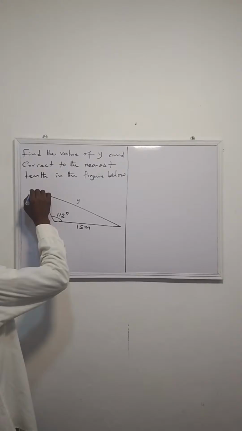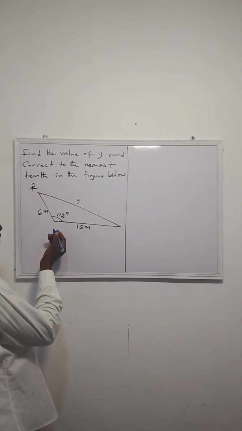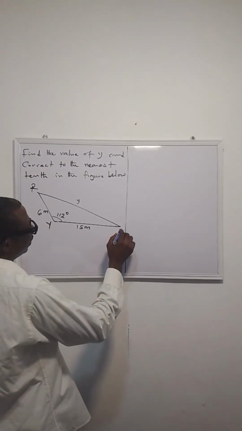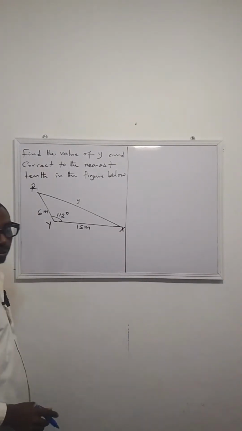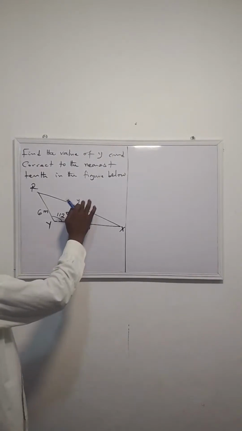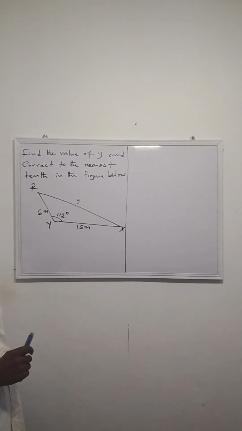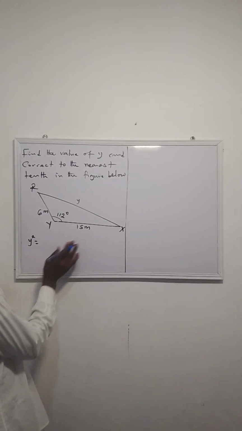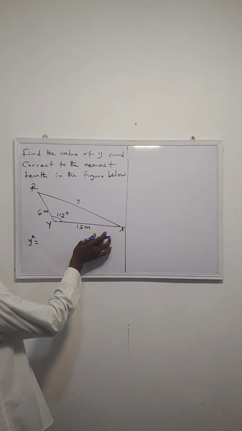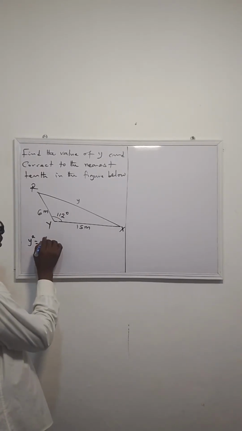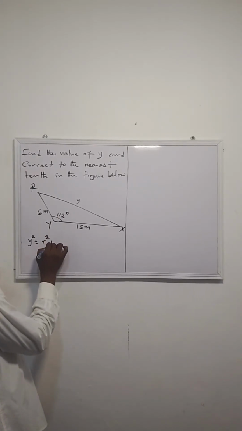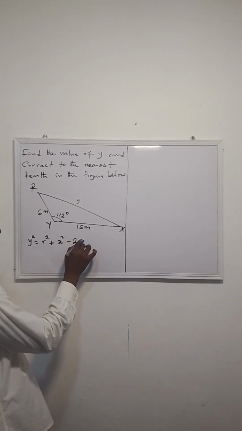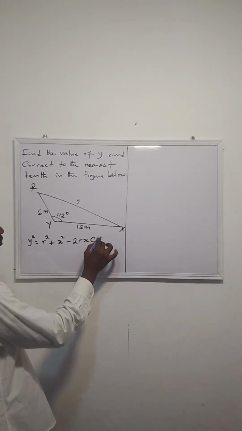Now let me label this so that I'll be able to generate a formula here. Let me call this piece y and this is x. Now I need to get y. So I have y squared equals r squared plus x squared minus 2rx cos y.